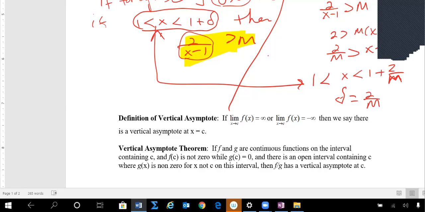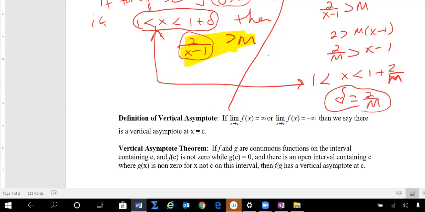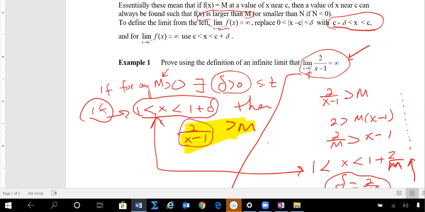The proof is in walking backwards, starting with this delta as your chosen delta and walking backwards this way. In other words, if this is true, you start here and work your way back upwards to this statement. And there you have it.